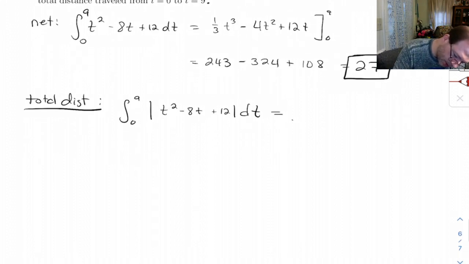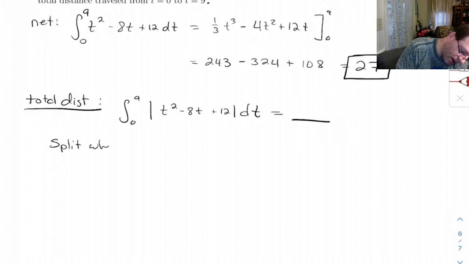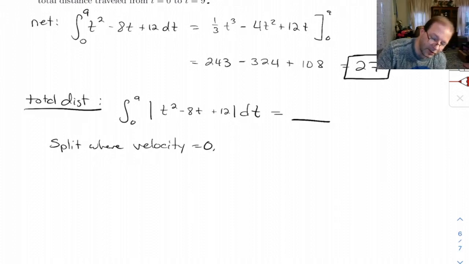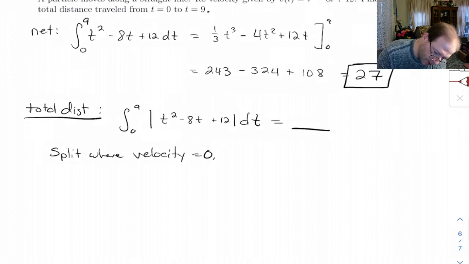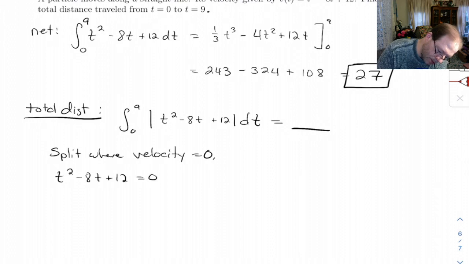So what we need to do is split where the velocity equals 0. So if I split this up, I need to figure out where to split it up. So the velocity equals 0.